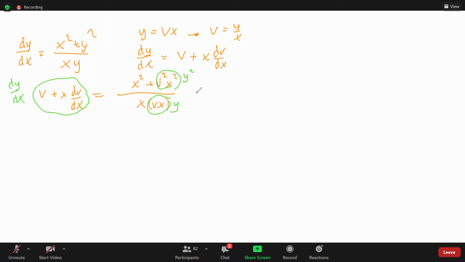So the term on the right-hand side becomes, once we simplify x squared, 1 plus v squared over v. Now we take the v on the left-hand side to the right-hand side, so that we have x dv in dx is equal to v squared plus 1 over v minus v. Taking the common denominator, the right-hand side becomes 1 over v.